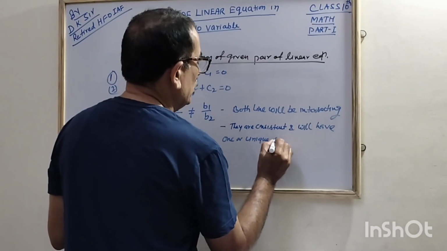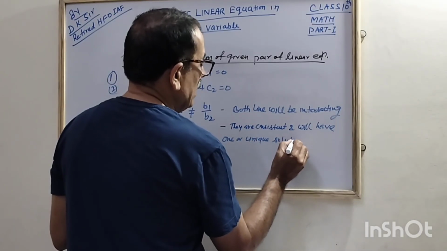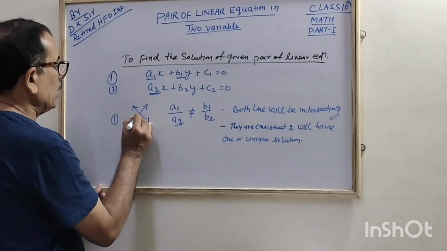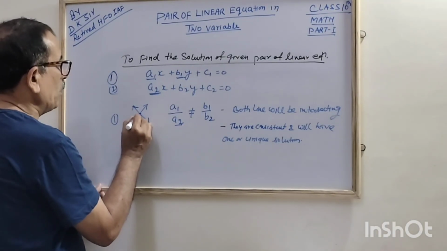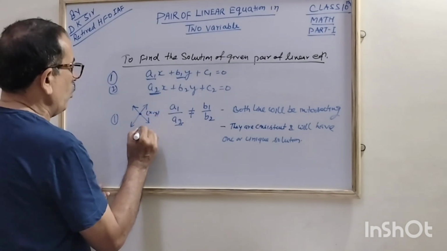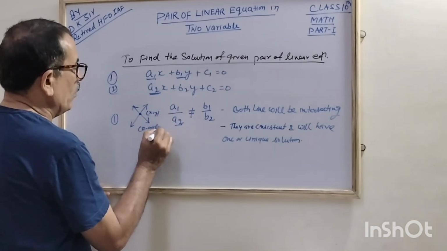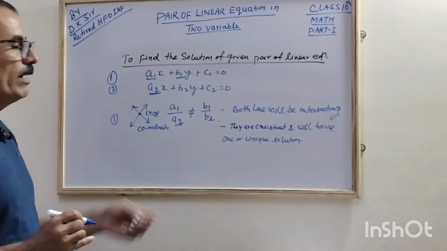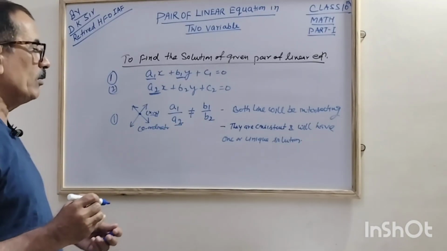The unique solution means that wherever this line intersects the other line in the graph, whatever the position, the coordinate of x and y that you get will be the value satisfying both linear equations. Understood?